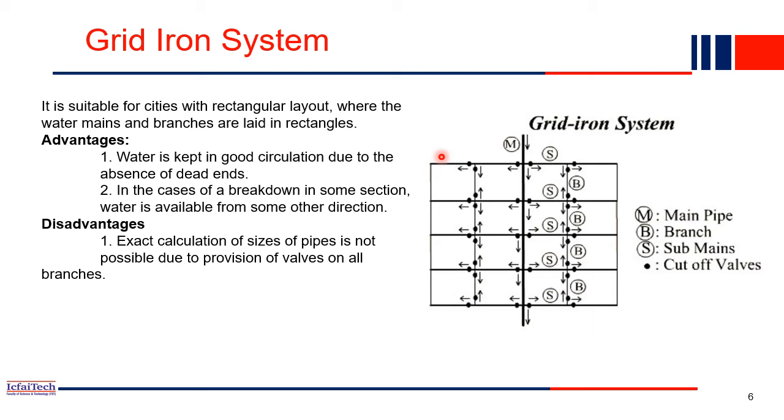That is the advantage of the grid iron system. Now the disadvantage of this pattern is that exact calculation of pipe size is not possible, because so many valves are there in each location. Some valves will be closed, some will be open. That is why it is difficult to calculate exactly what size of pipe is working and what the pressure is in each. So sometimes it will be difficult.